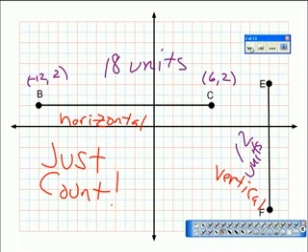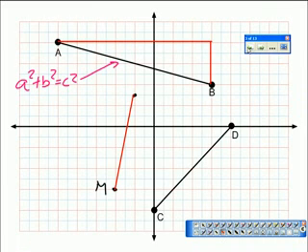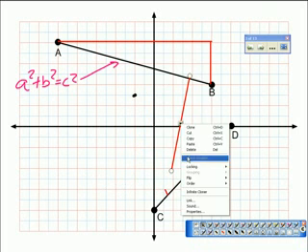Oops. Oh, I went the wrong way. It's 4, negative 6. 2, 3, 4. M should be over here. So I just got to move my line a little bit.